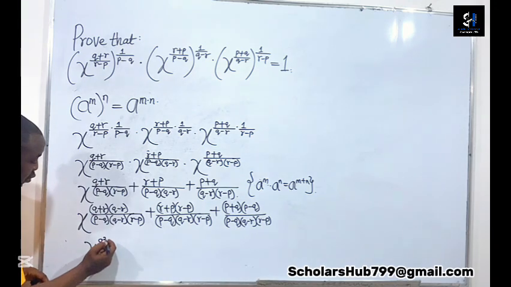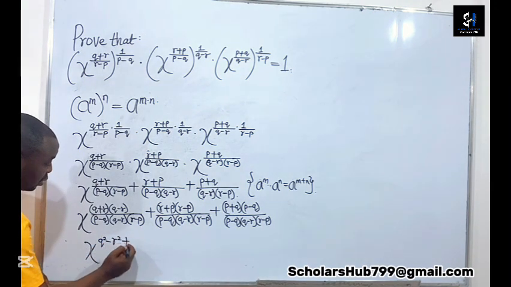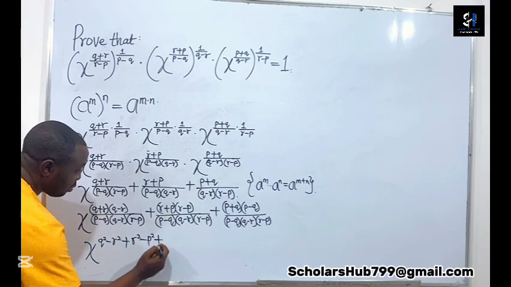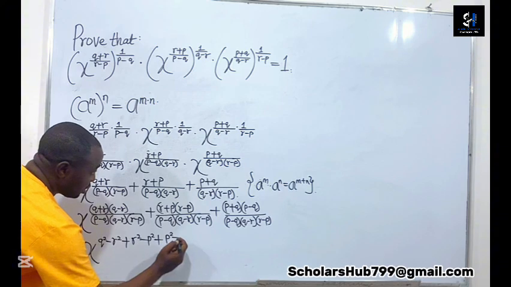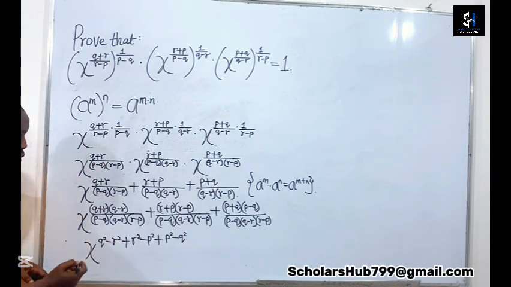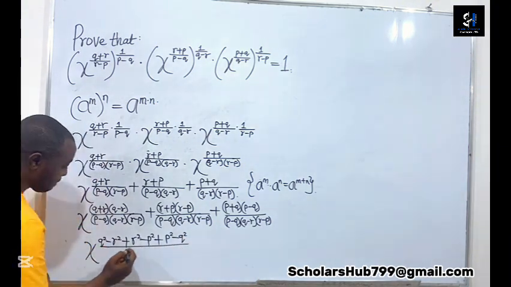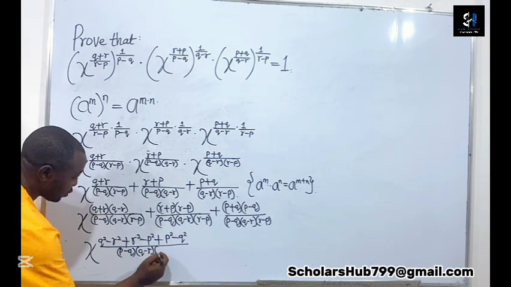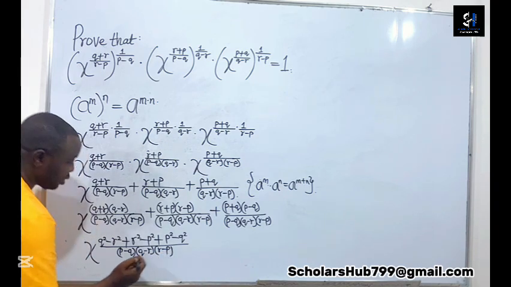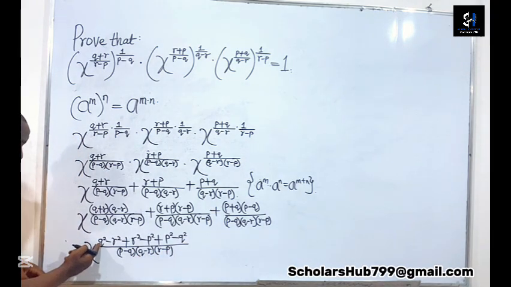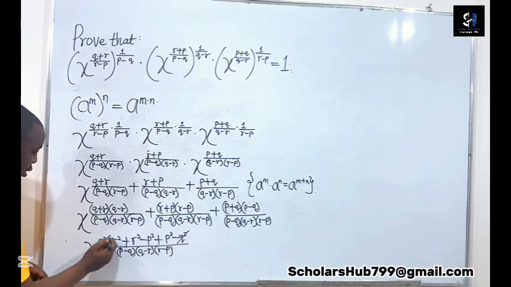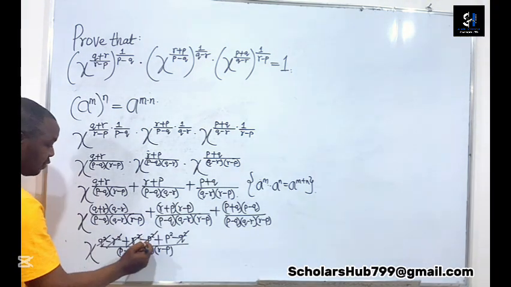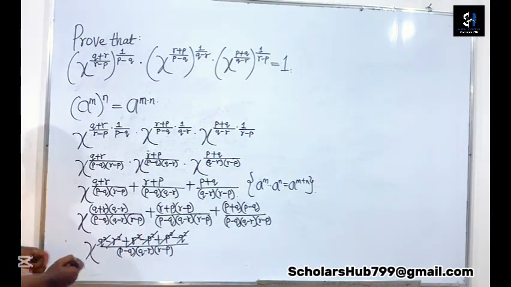So this will be q squared minus r squared, plus r squared minus p squared, plus p squared minus q squared, over the product of (p minus q), (q minus r), and (r minus p). So q squared minus q squared will be 0. r squared minus r squared will be 0. Negative p squared plus p squared will be 0 as well.